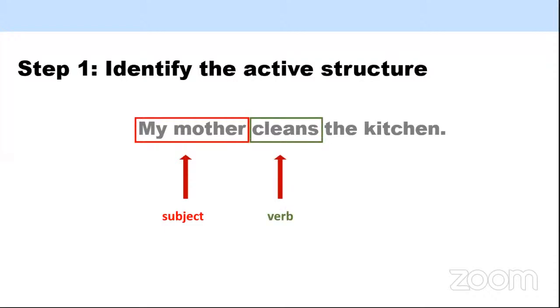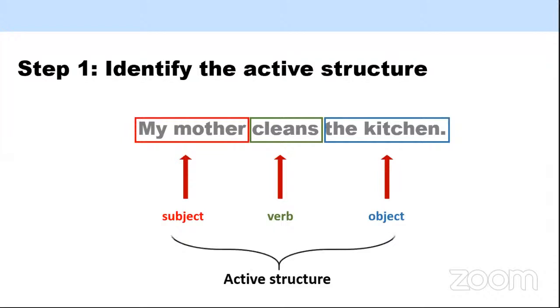Cleans is the verb in this sentence. The kitchen is the object in this sentence. So now you know the active structure of this sentence: subject, verb, object.